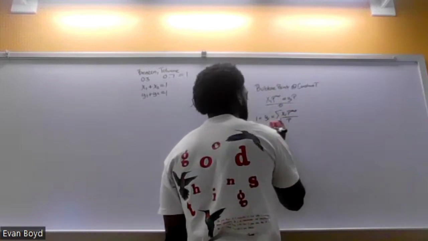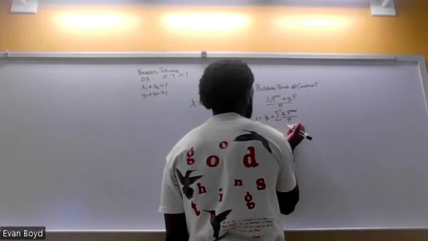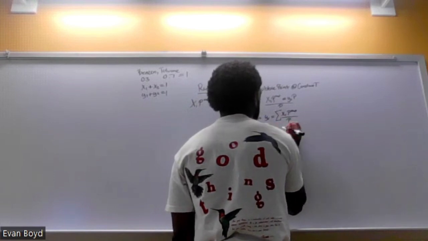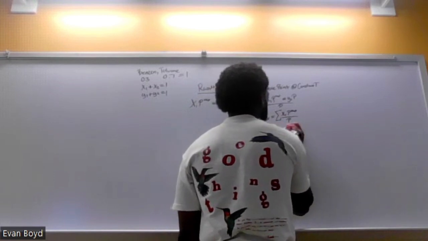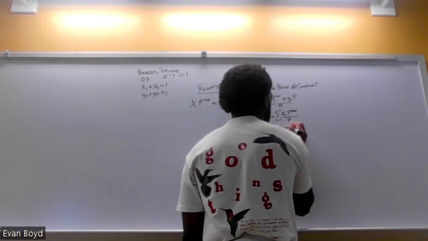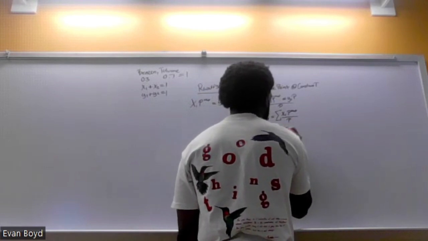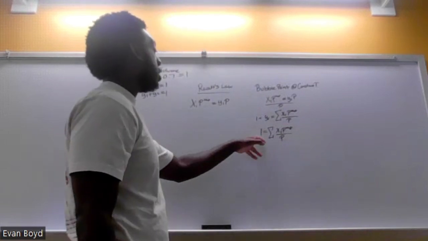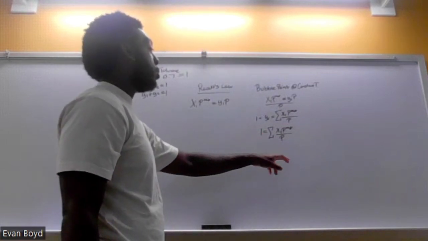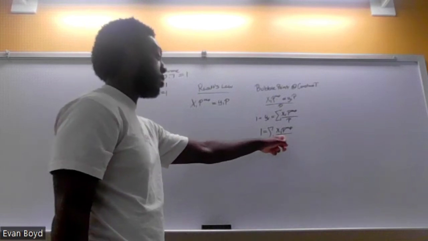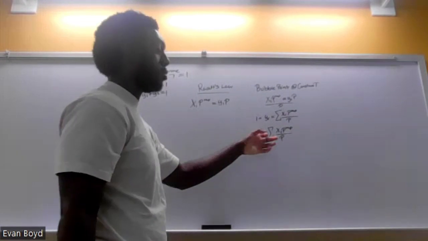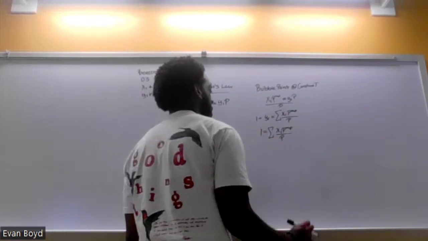And this will give us 1 is equal to the sum of liquid concentration times vapor pressure divided by pressure. All right, simple. Now, since we have 1 here and we're trying to calculate the pressure, we just need to put the pressure by itself. Easy peasy, and that's it.